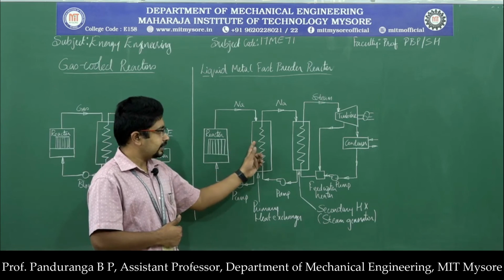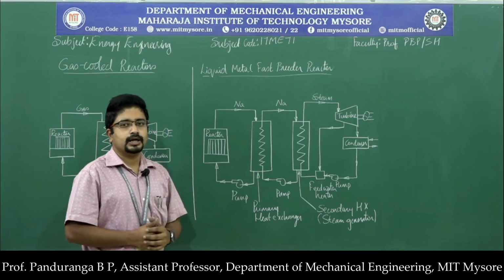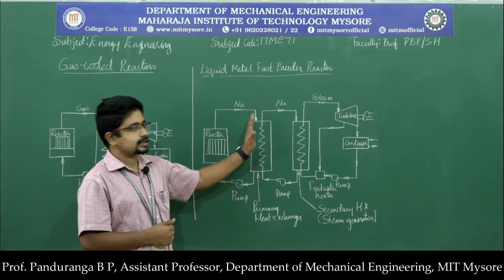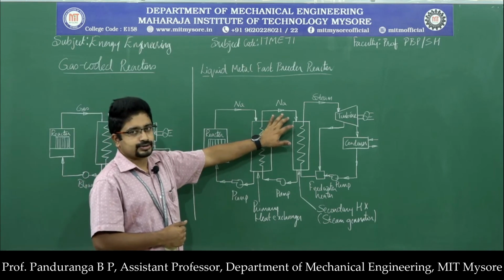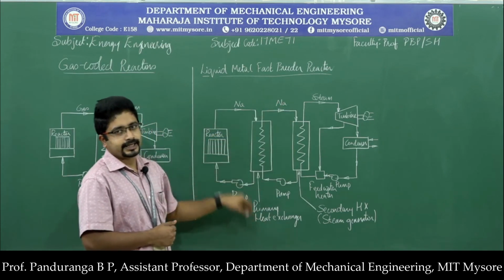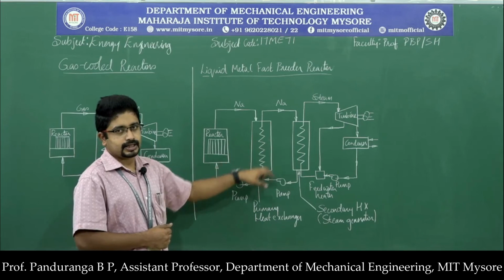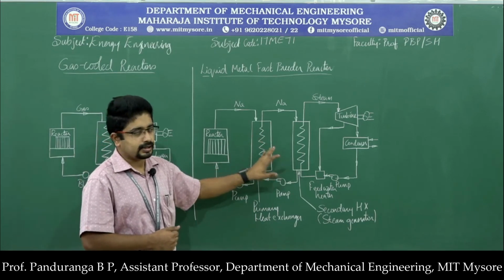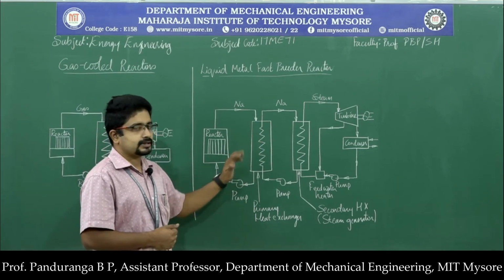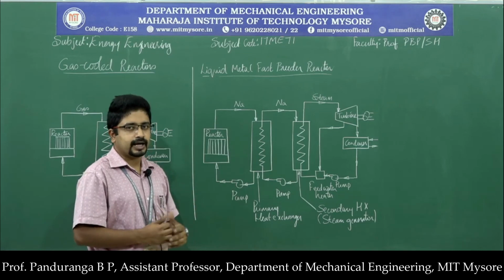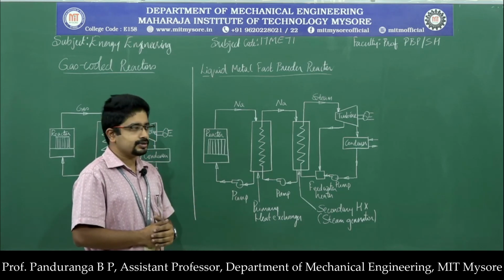Here it transfers its energy to the sodium in the secondary loop, which is non-radioactive. So in the secondary loop, we have non-radioactive sodium, and in the primary loop, we have the radioactive sodium.